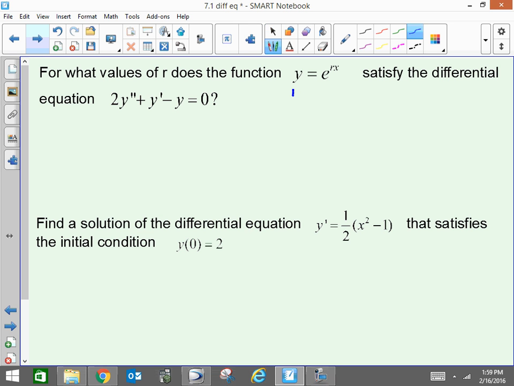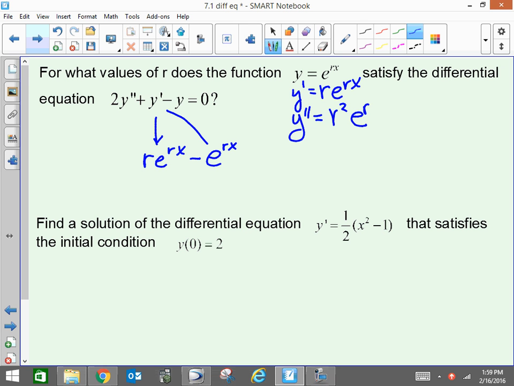So what's y prime? r e to the rx, okay. So we could put that in here, right? And we can find y double prime too, okay. r is just a constant, remember x is your variable.